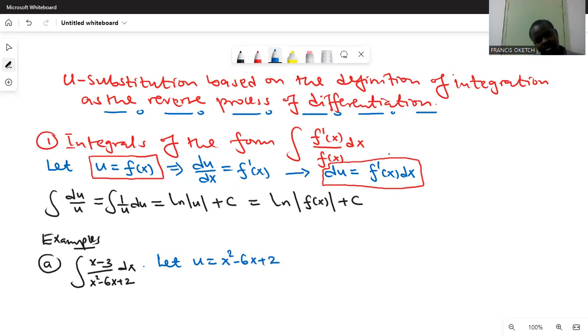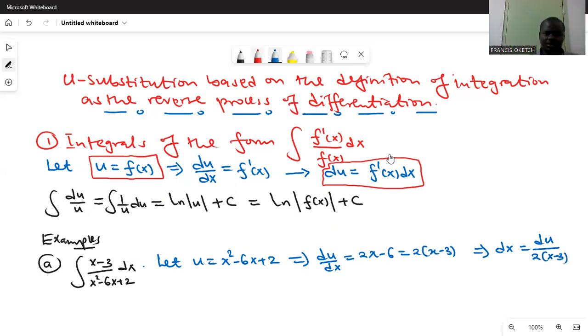In this case, it means that du/dx, when you differentiate, you get 2x minus 6, which is the same as 2 into x minus 3. So from here, you can make dx the subject. It means that our dx will be equal to du over 2 into x minus 3.